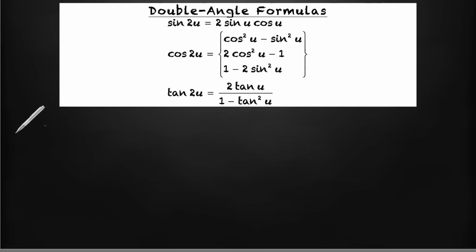All right, the next set of formulas we're going to learn are called the double angle formulas. And actually, I'm going to prove to you that these formulas here are really just derived from using the sum and difference formula. So for instance, let's take sine of, we're going to just use x instead of u, sine of 2x. And it says here on our formula that it's equal to 2 sine of x cosine of x.